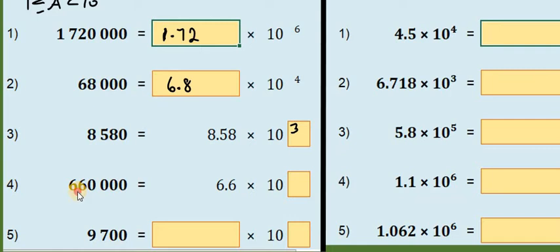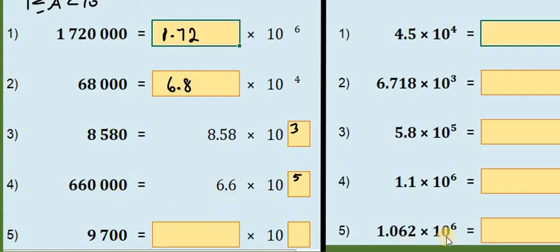So the point is right here, based on where they put it here. So we have to move 1, 2, 3, 4, 5 places to the right. So 6.6 times 10 to the fifth power will give us back 660,000. You can try it with a calculator. 6.6 times 10 to the fifth power should give us 660,000. If you want to reverse the process, the point is at the end, 1, 2, 3, 4, 5.